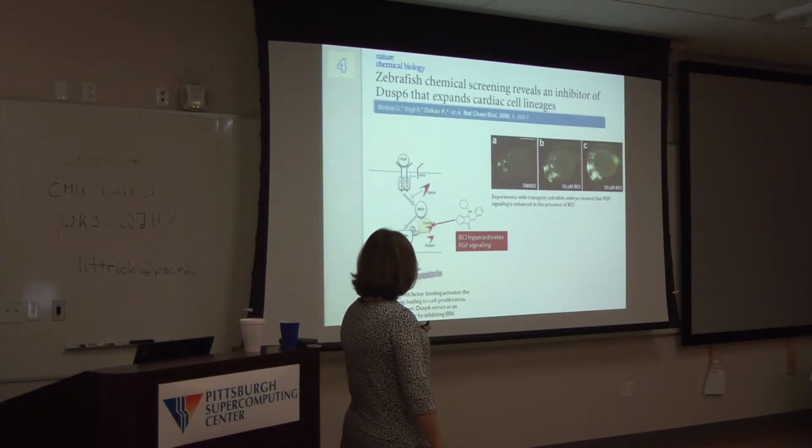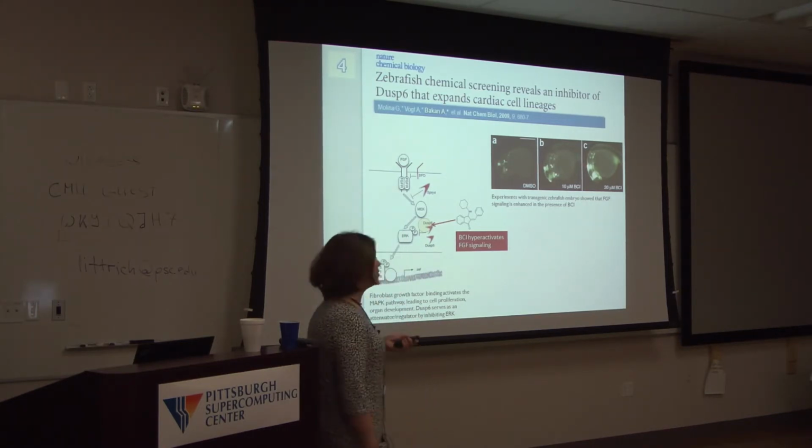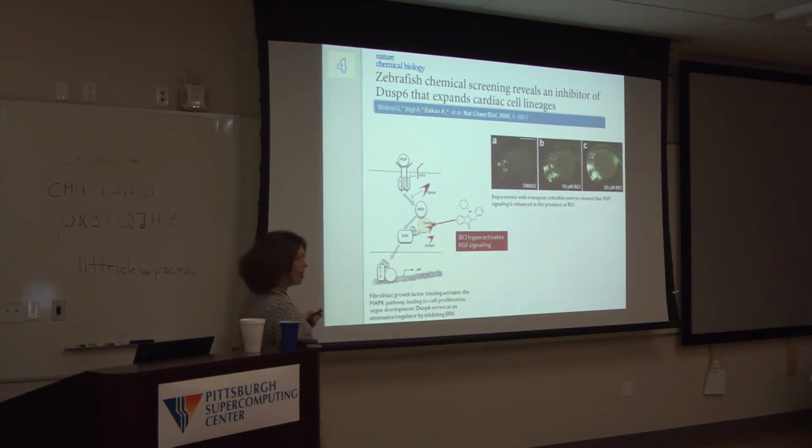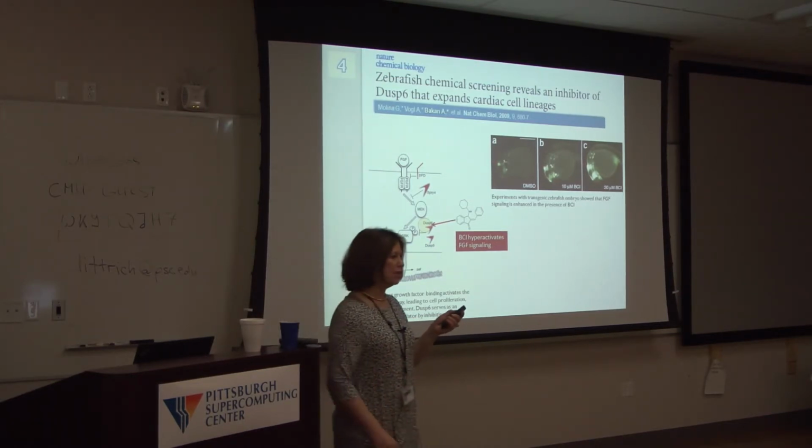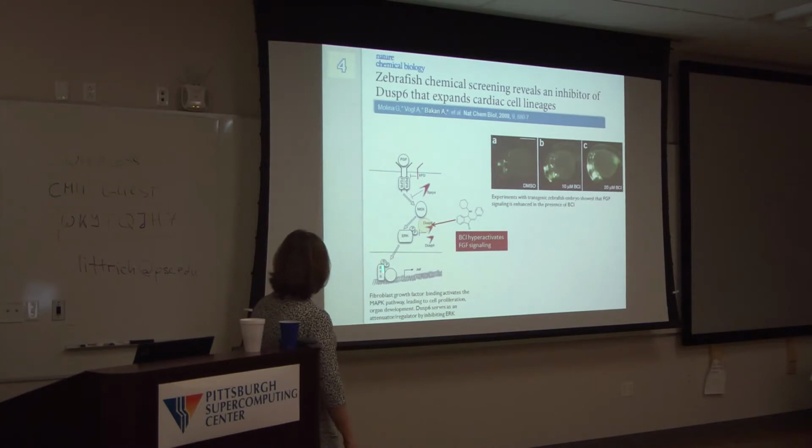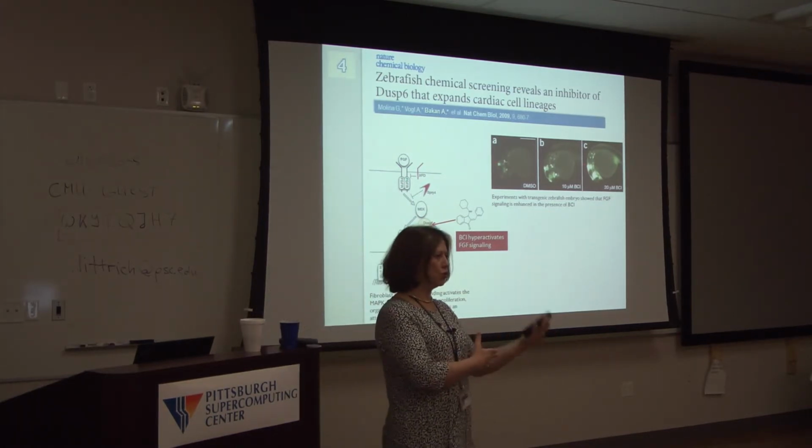I wanted to finish with an example from our work and emphasize the importance of pathways. I don't know how familiar you are with this type of pathway, but this is a fibroblast growth factor, which would be triggering a cell growth pathway.